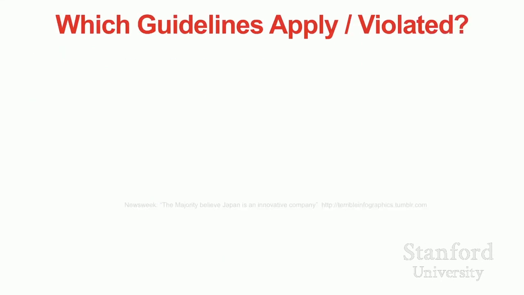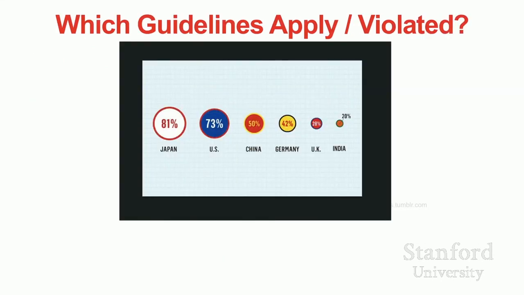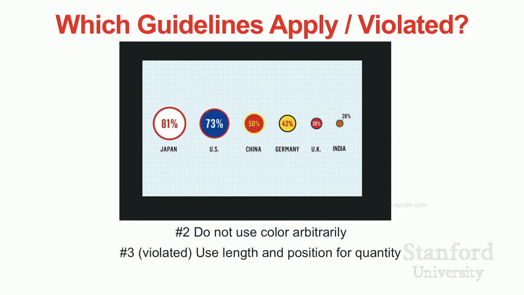And so if we look at our beautiful graph from before, we can look at it and say, for example, which guidelines apply or which ones are violated by this chart. For example, do not use color arbitrarily, although I guess it's the colors of the flags. Use length and position for quantity, that is violated, and highlight salient information, that is violated here, etc.